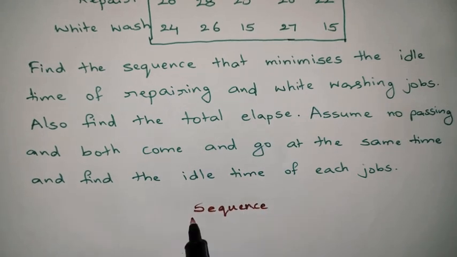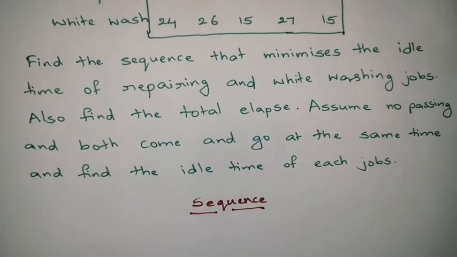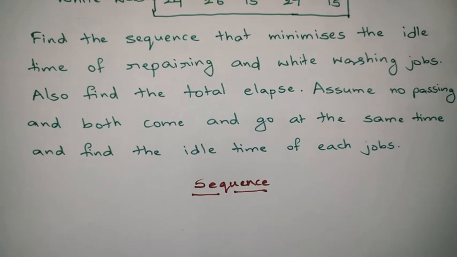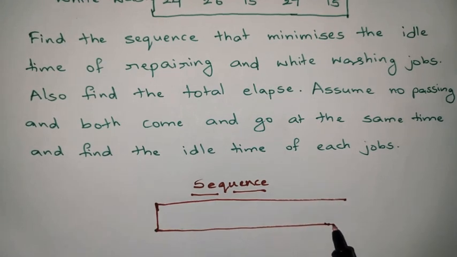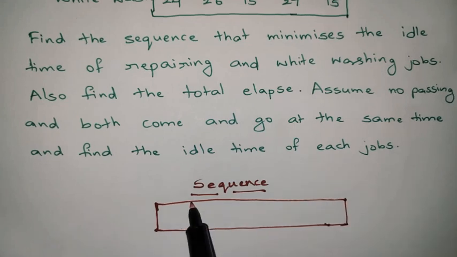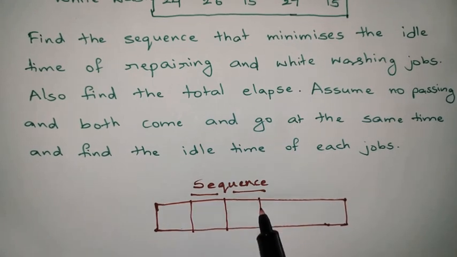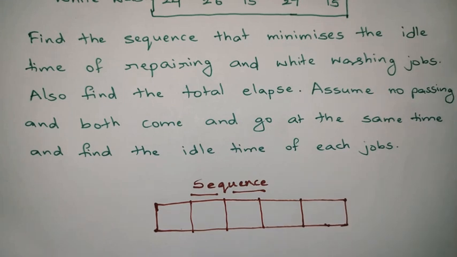I am going to draw a table with a single row of 5 columns: 1, 2, 3, 4 and 5. Now let us find the sequence of the floors.